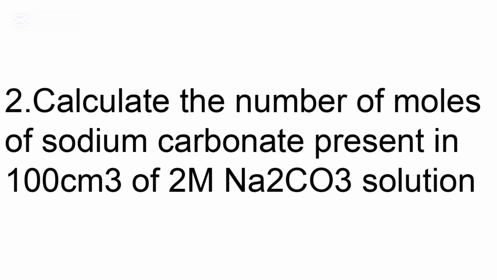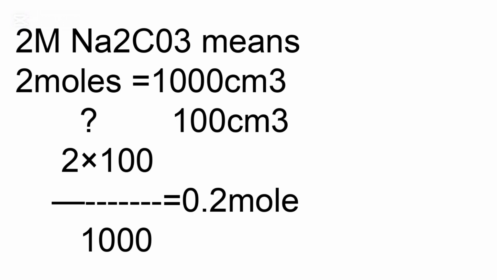Question number 2. Calculate the number of moles of sodium carbonate present in 100 centimeters cubed of 2 molar sodium carbonate solution. So we shall say 2 molar sodium carbonate implies 2 moles in a liter of solution. And a liter is equal to 1,000 centimeters cubed.